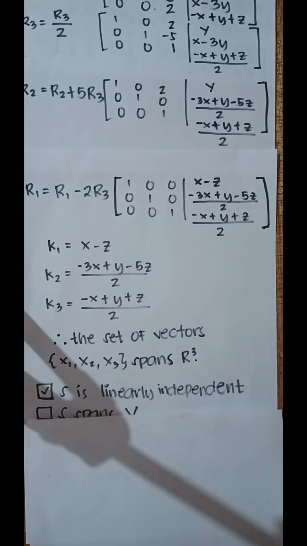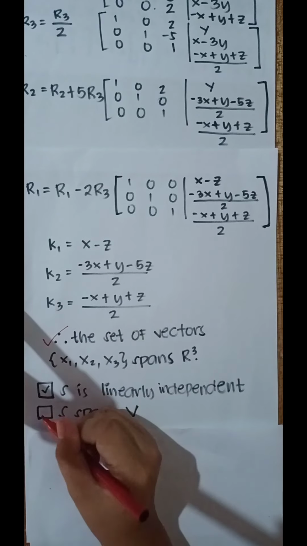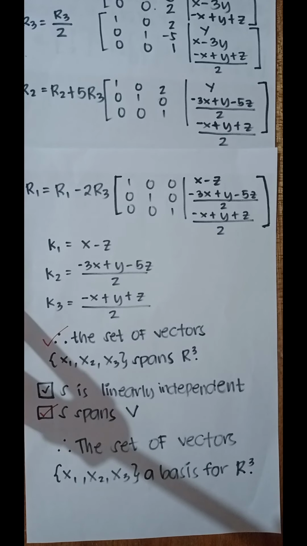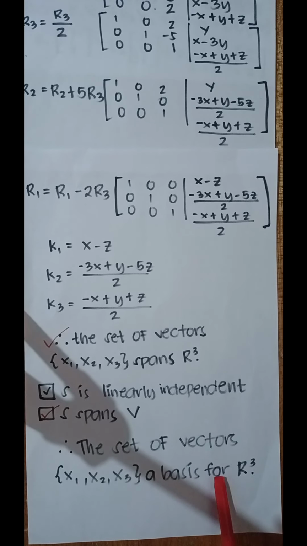And now, S spans V. So we have already proven it, and it's already checked. Since we have satisfied the two conditions, we can now conclude that the set of vectors x1, x2, x3 is a basis for R^3.